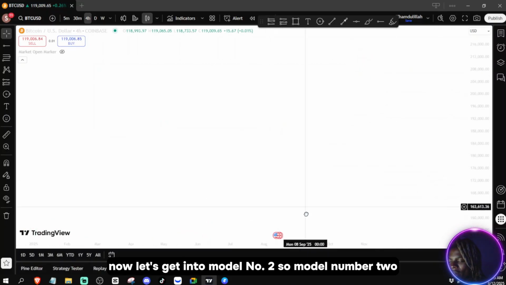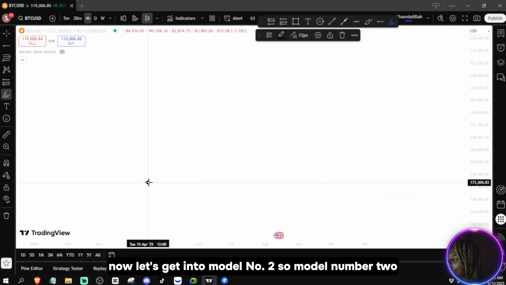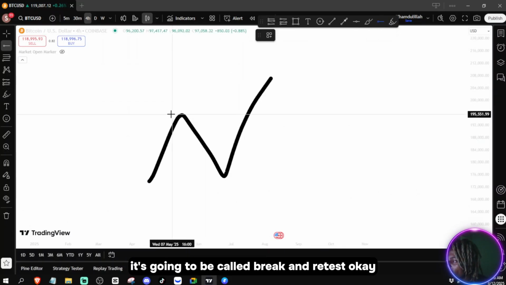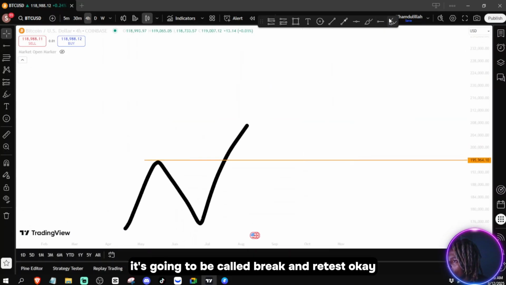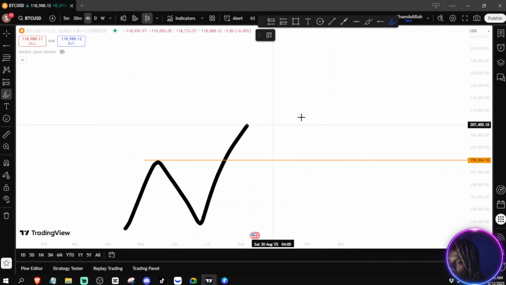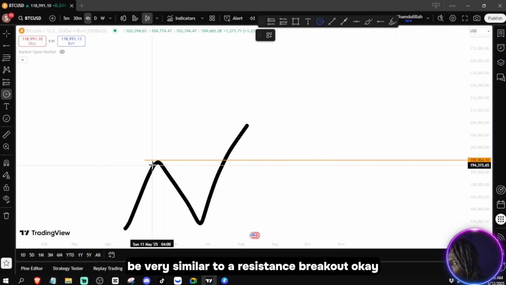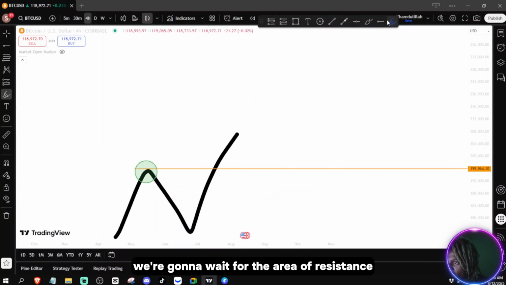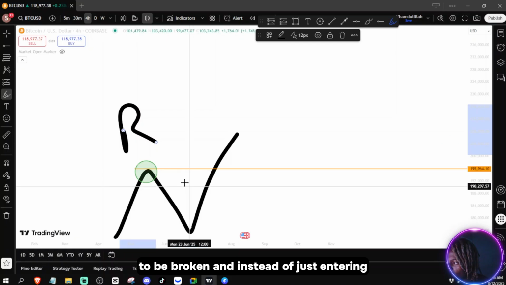Now, let's get into model number 2. Model number 2 is going to be called break and retest. Break and retest is very similar to a resistance breakout. But instead of just waiting for a close, we're going to wait for the area of resistance to be broken.